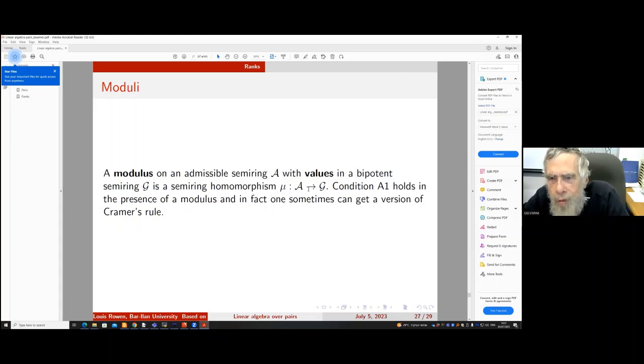So this is almost like evaluation. And condition A1 holds. This is joint work with Gobert and Akian, that was lost in one of the early slides. And they got a version of Cramer's rule.